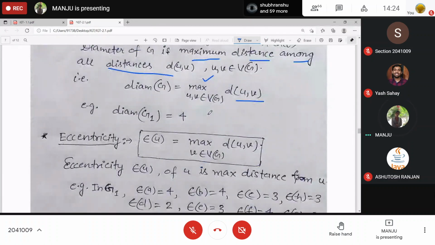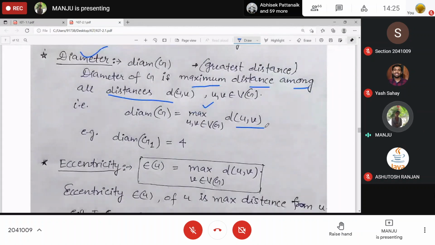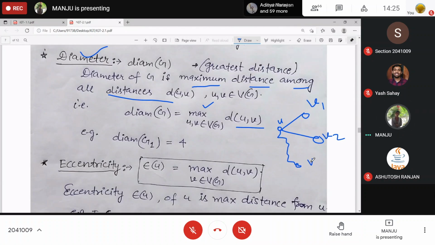Then we have eccentricity. The diameter is for the graph, and eccentricity we define for a vertex. So find the distance from u to all the other points and take the maximum of all these distances.